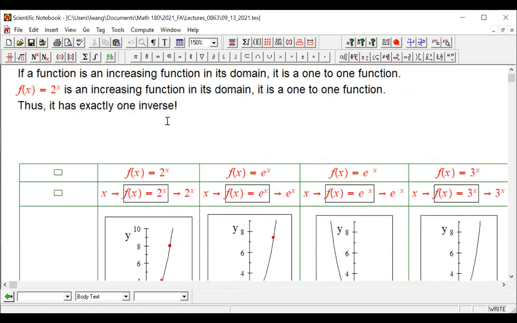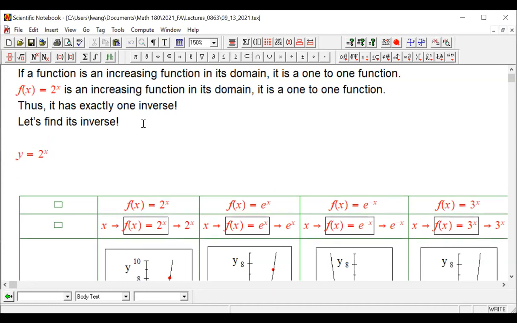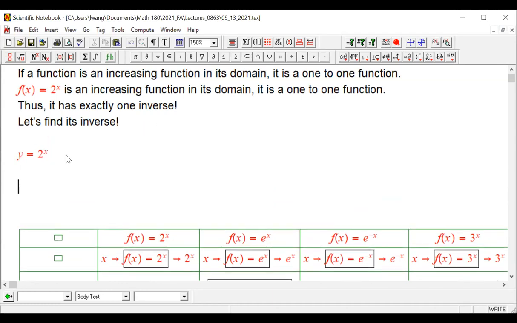So let's find its inverse. How do we find an inverse? Yesterday we talked about two steps, right? y equals 2 to the power x. How do we find the inverse for that?